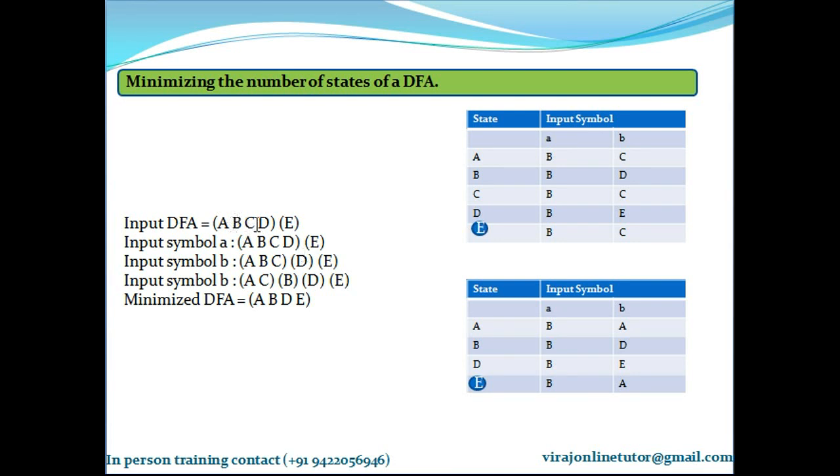If you find that any of these states on input symbol a is going to some other subgroup than what the other states in its subgroup are going to, then I have to separate it out. If all of these on input symbol a go to only a specific subgroup, then I need not separate it out. But if there are some states in it which on a particular input symbol go to different subgroups, then I need to split it out. Right? That's what I explained here.